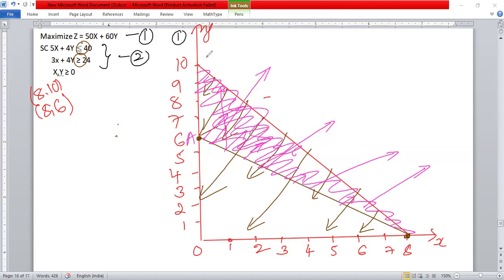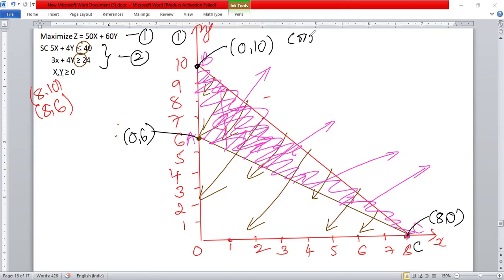We mark it as A, then B, then C. A corner point 0,6, B corner point 0,10, and C corner point 8,0. Okay, now corner points and then maximize Z is equal to 50x plus 60y.